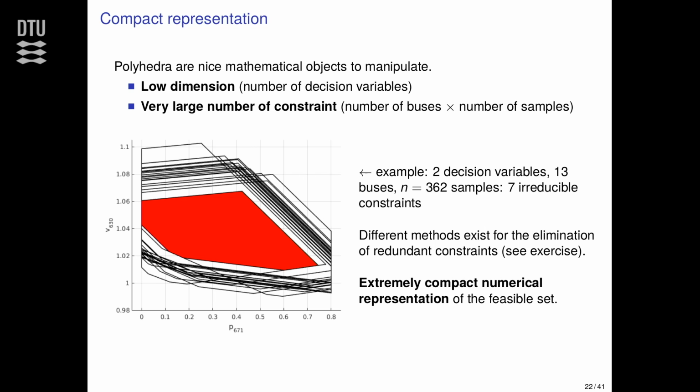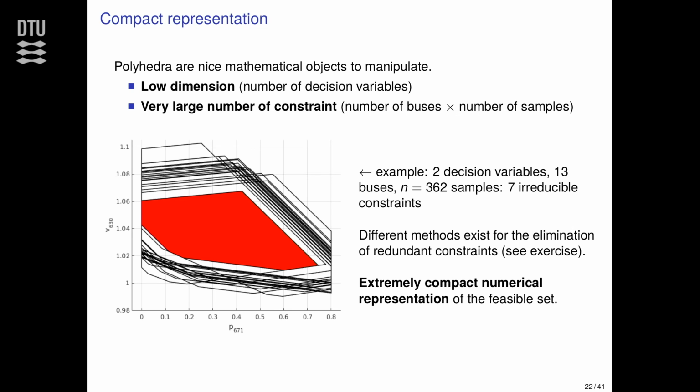We generated, I think, 300 samples times the 13. This is also thousands of different sets, polyhedra. And then actually they're all redundant except for one, the one in the middle, right? So the representation of this polyhedra, even if it has 5,000 constraints, is actually 7 constraints. 1, 2, 3, 4, 5, 6, 7.